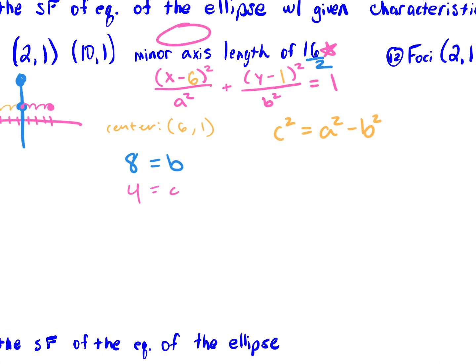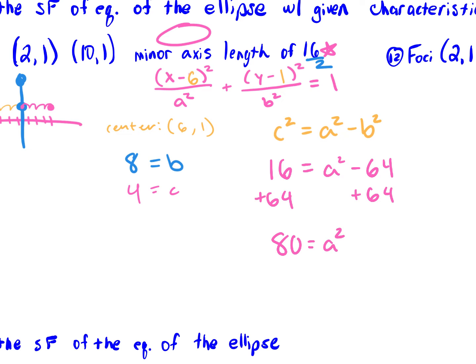So I can plug in B and C to find A. So I have C squared, which is 16, is equal to A squared minus B squared, which would be 64. Add 64 to both sides. So this would be 80. It's equal to A squared.